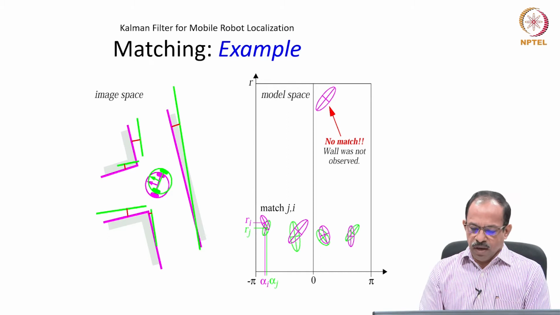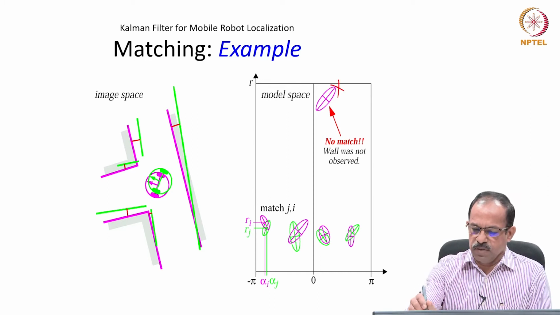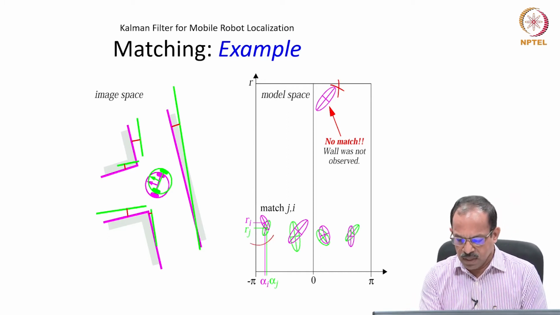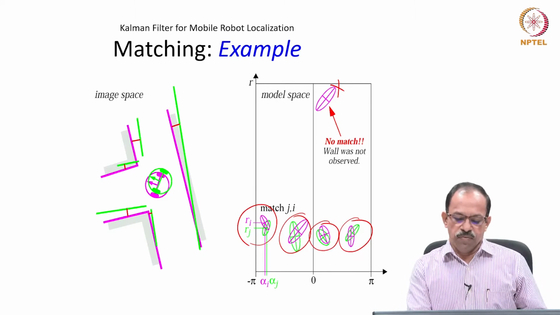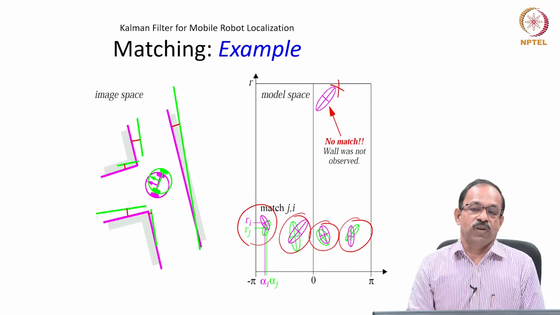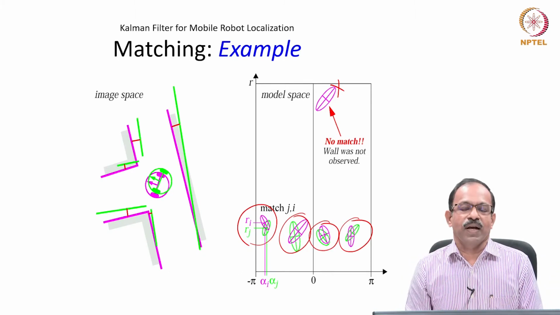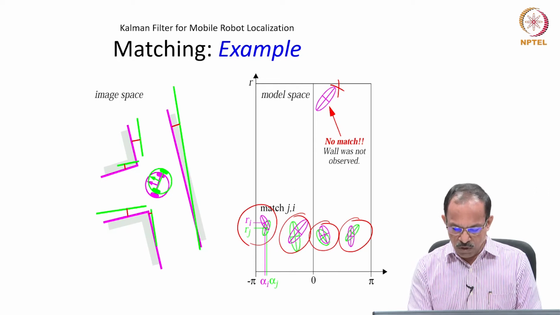Okay, so as I mentioned, there is no match for this one, and there is a match between these two, this one and this one. So, we just look at which features are matched. Only the matched ones will be used for calculation of innovation. So, we know that these two are matching, though there is a difference between the R and alpha in both cases.